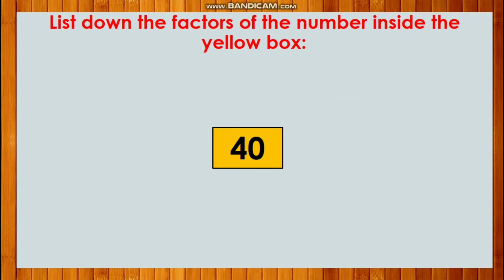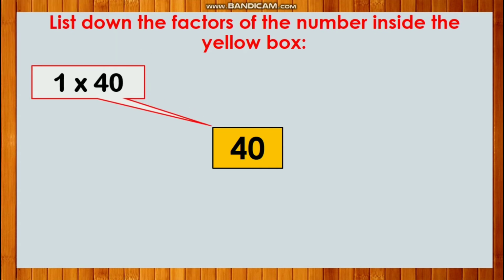Okay, so you can start writing the pairs of factors that you can find in the multiplication table. To start, of course, we have 1 times 40. Remember, a number multiplied by 1 is equal to the number itself. So we could use 1 times 40 or 40 times 1.